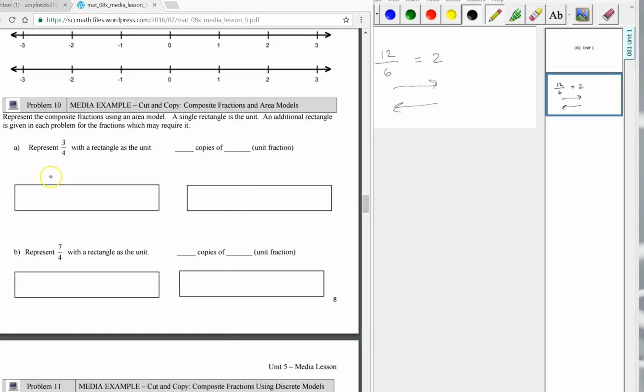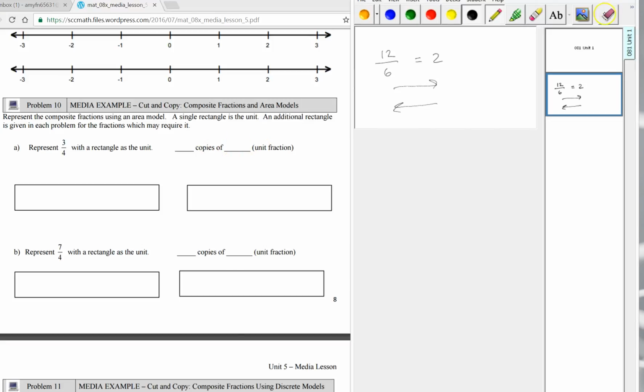Here, they could cut this into 4 equal pieces, and you take 1, 2, 3 copies of 1/4. We're going to have them use this language, and you should try to use this language as well, because it makes them connect that idea of the unit fraction as the unit that we're making these copies of, so they could start using their counting ideas with the fractions.